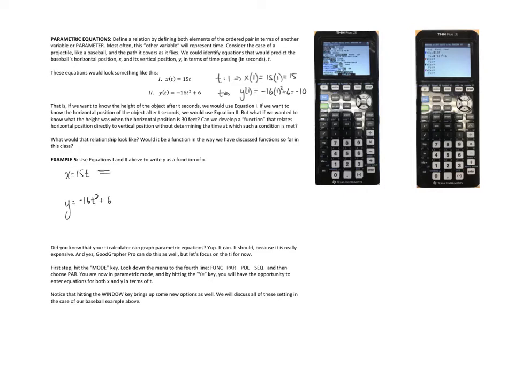What we can do is use this first equation and realize that t would be x over 15, right? Just rearranging that equation to solve for t, and then use that fact in the y equation. And we would get negative 16 times x over 15 quantity squared plus 6. So that would be negative 16 times x squared over 225 plus 6.